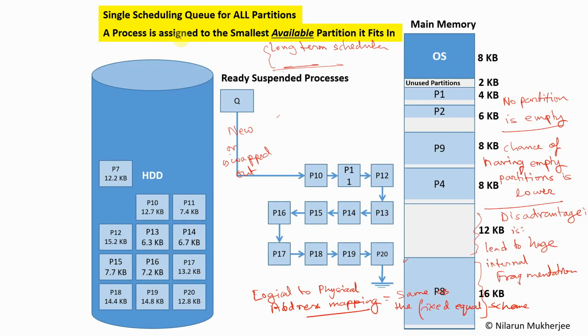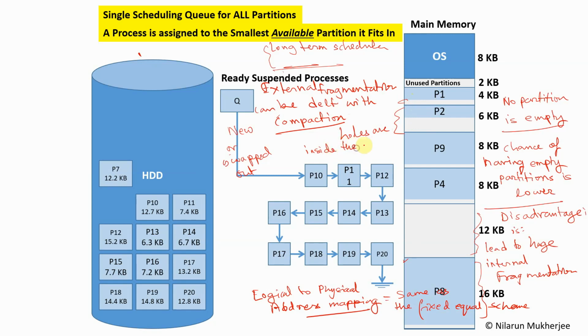Unlike external fragmentation, which can be dealt with by compaction, that is moving all the processes to one end and freeing up the holes, here the holes are inside the partition, that is inside P2's address space.